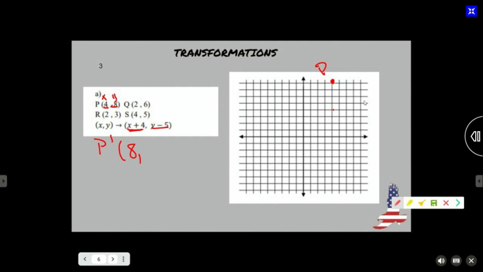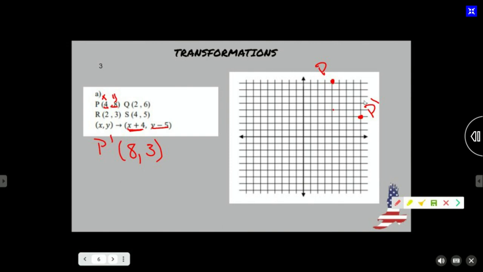So what's 8 minus 5? 3. So my P prime, 1, 2, 3, 4, 5, 6, 7, 8. 1, 2. P prime. Yes or no?